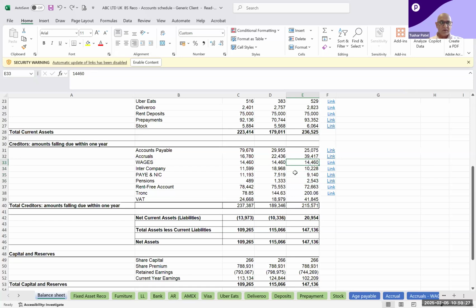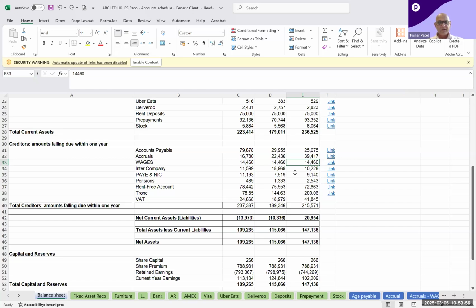If your wage run for wages was on the 5th of the month, but paid up to the end of the month, then we've got an accruing amount through the P&L, and the other side sits in the creditors amount, because you still owe that £14,000 to your employees, which will be paid on the 5th of the month, for example.